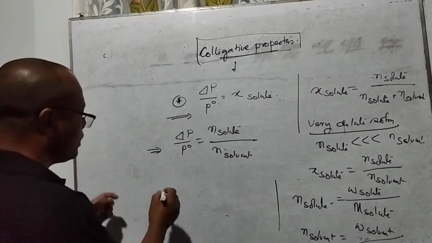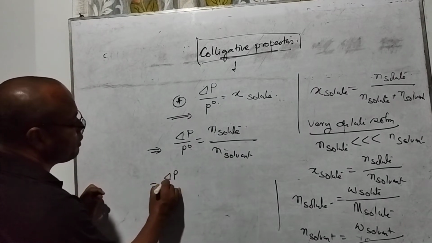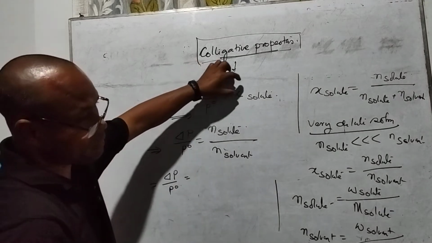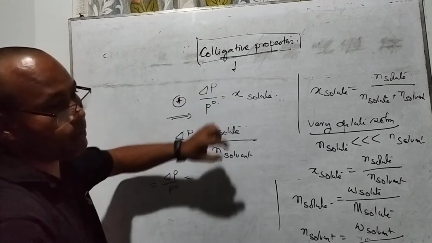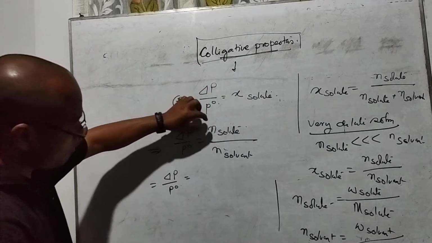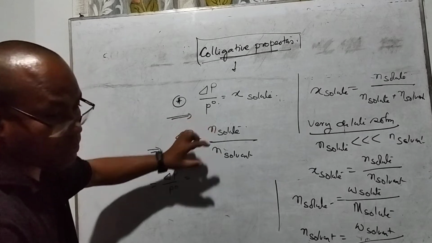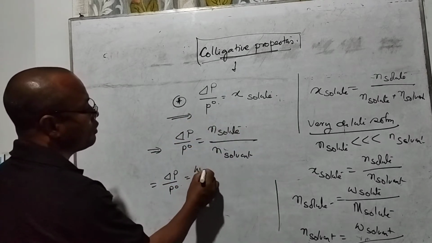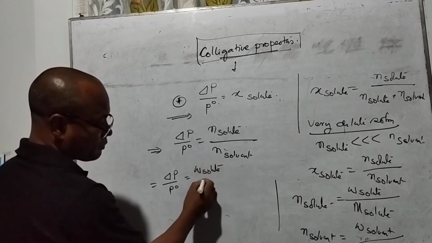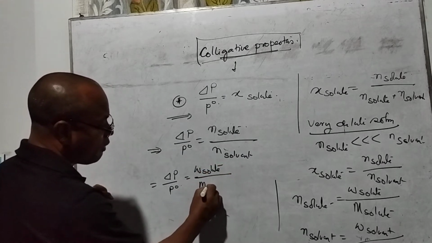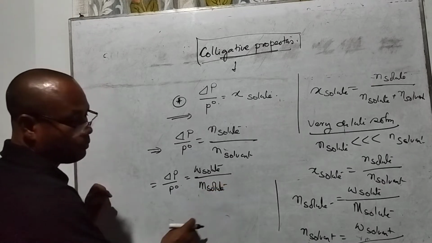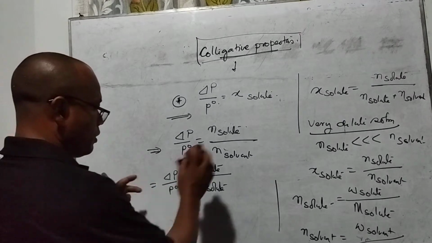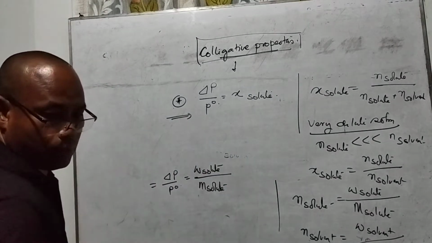So we can put these here. The relative lowering of vapor pressure is a colligative property which depends on the mole fraction of the solute, and it also depends on the number of moles of the solute. In place of N solute we can write W solute divided by M solute, where M solute is the molecular mass or molar mass of the solute.